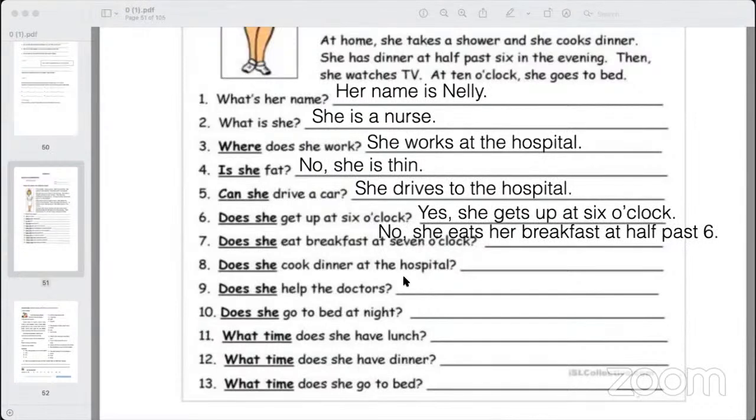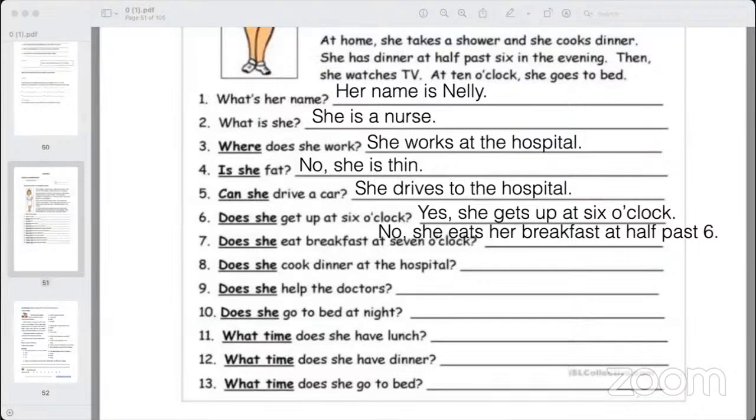Number 8, does she cook dinner at the hospital? Seven o'clock. What time does she cook? What is the question asking? Does she cook?